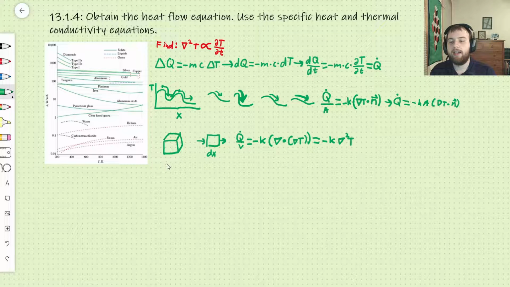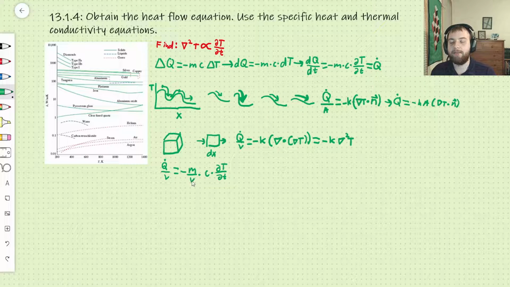So if we take q dot, let's divide this equation by our volume to make it look like that. So we have q dot over v equals negative m over v times our specific heat times the time derivative of our temperature.